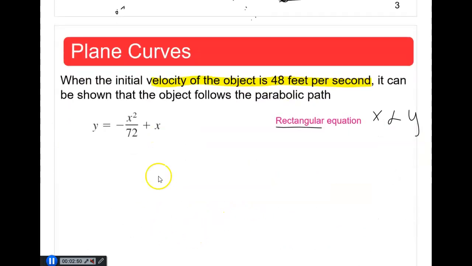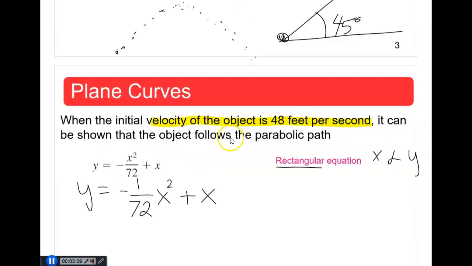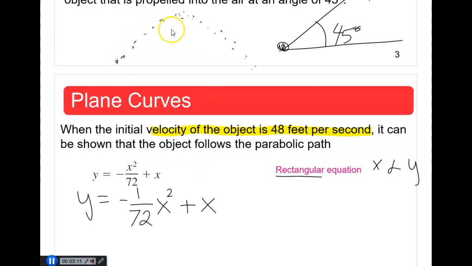So with this equation, it could be the same as y equals -1 over 72 times x squared plus x. Remember here I'm just factoring out the fraction so you could see that very clearly that coefficient will be negative, and so that's how we know that the parabola will be opening downward.